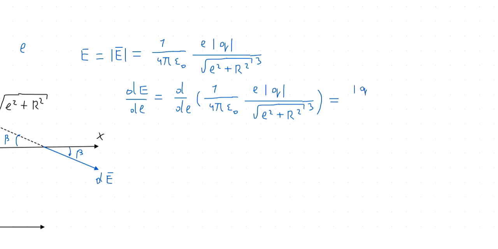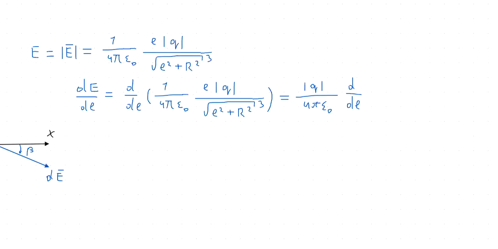The constants are the absolute value of charge Q over 4 pi epsilon 0, and then d/dL of L divided by the square root of L to the power of 2 plus R to the power of 2, to the power of 3. How to find this derivative?